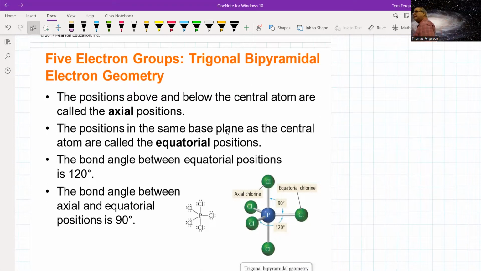Now the thing about 5 and 6 position molecules is you have polar atoms and equatorial atoms. The relationship between the equatorial atoms is 120 degrees.